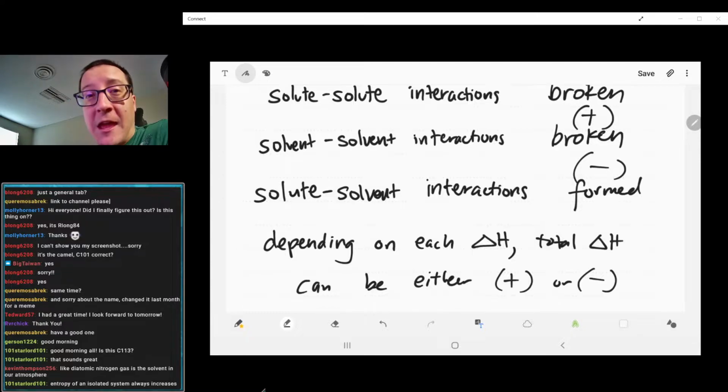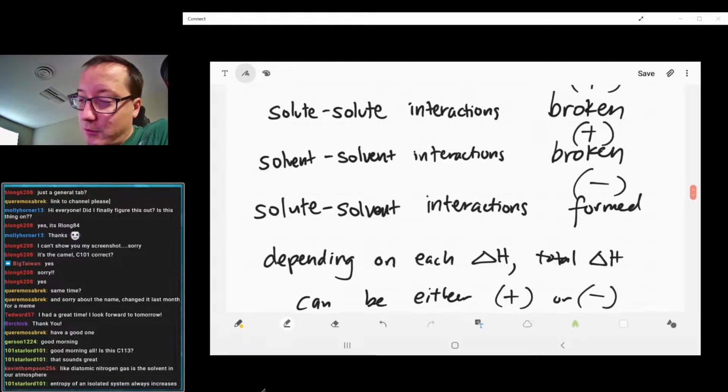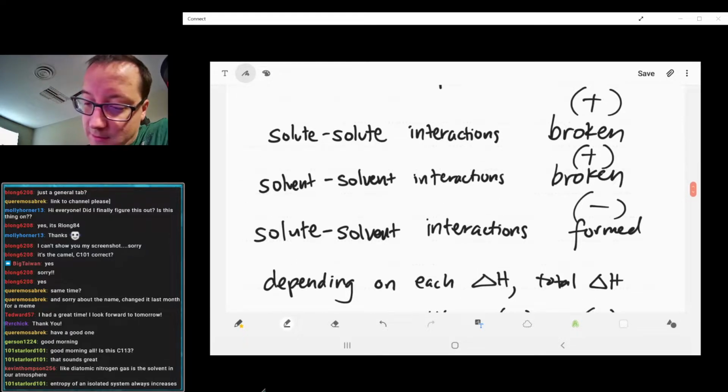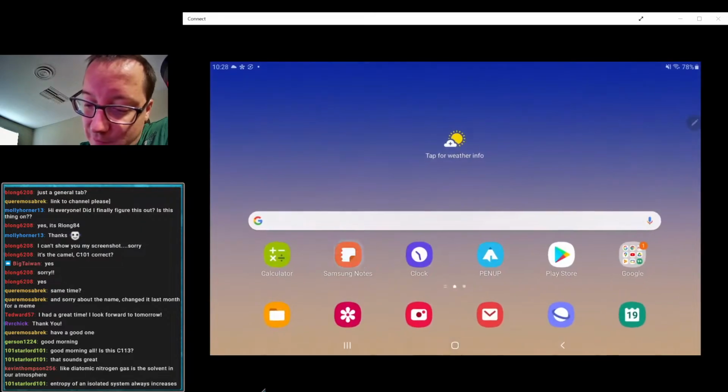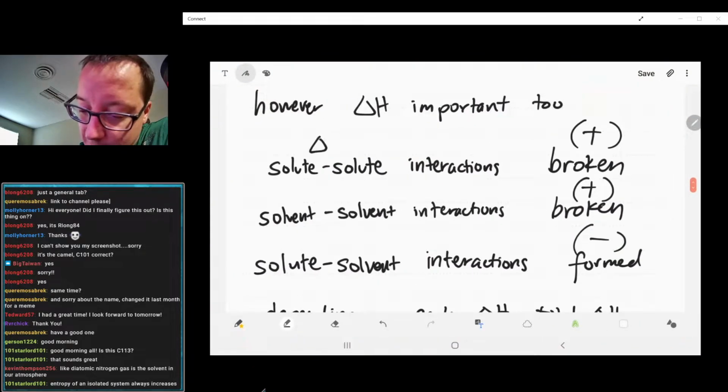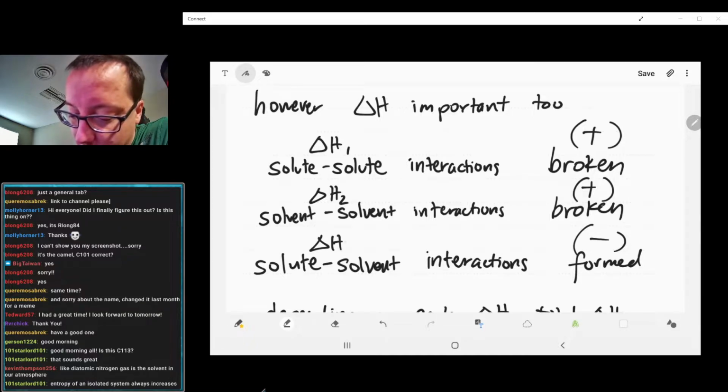So just depends, right? If the solute-solute interactions are particularly strong, then that's going to make it more likely to be endothermic, right? Or if the solute-solvent interactions are particularly strong, it's more likely to be exothermic. If we try to remember Hess's law, let's just say we have just one solute somehow.